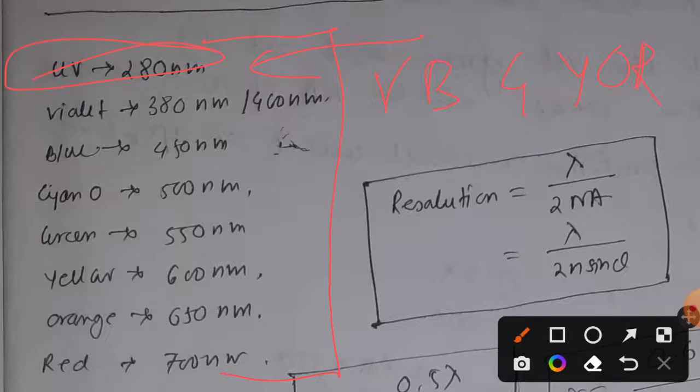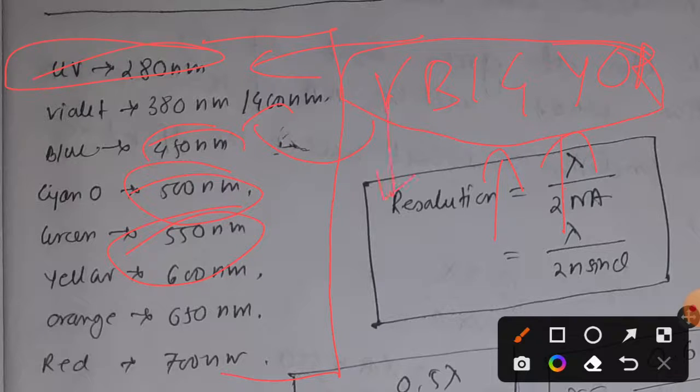So I think you know that VGO is this one. Indigo is missing because it is not necessary for us, and instead of indigo, in between B and G, you have to add another one, that is cyan. The wavelength for violet is 400. If you can remember this sequence, then add 50 for each subsequent color.